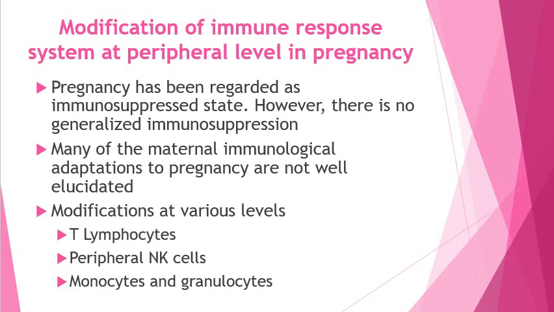In fact, there is a modification in immune response in pregnancy to adapt to the foreign fetal allograft. Many of the maternal immunological adaptations to pregnancy are not well elucidated. So modification can occur at various levels, that is at the level of T lymphocytes, peripheral natural killer cells, monocytes, and granulocytes.